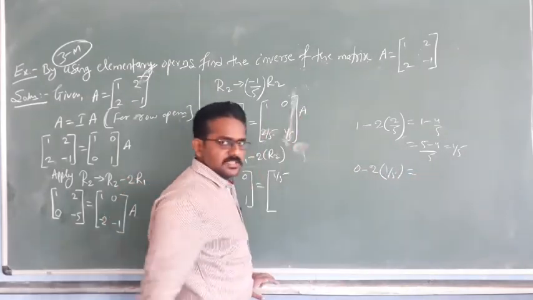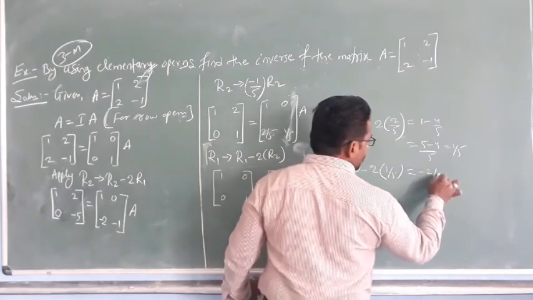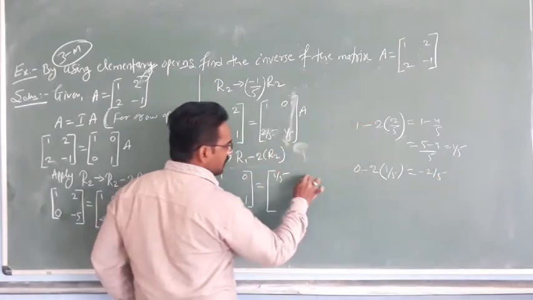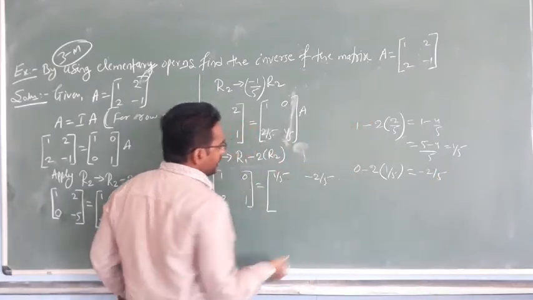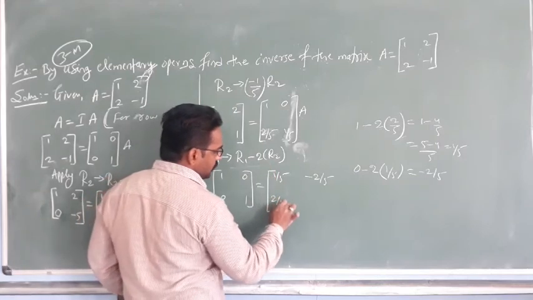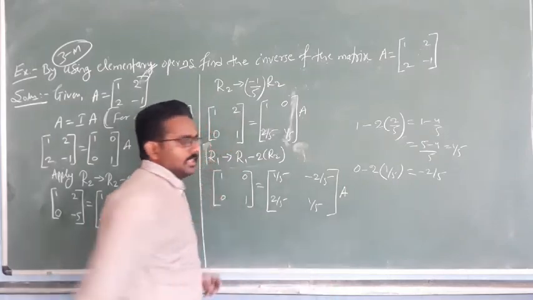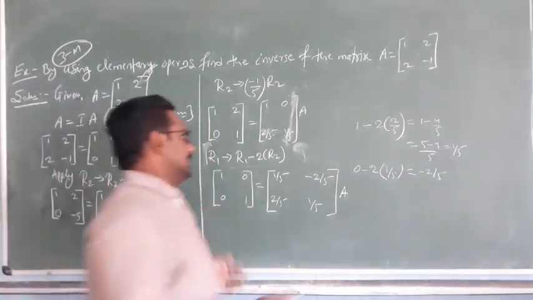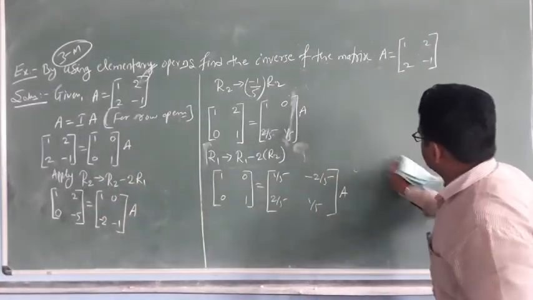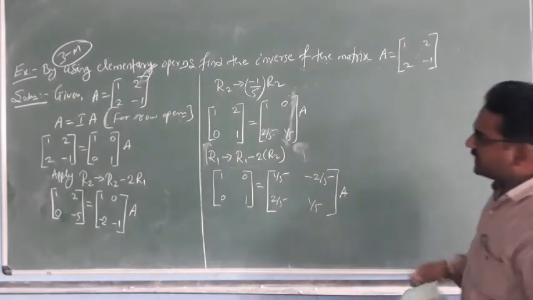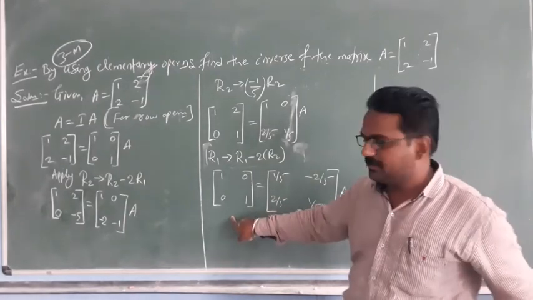So observe the thing here, students. Minus 2 by 5. And already we generated here 2 by 5 and 1 by 5 into A. So in the LHS part, the matrix A converted into the identity matrix.